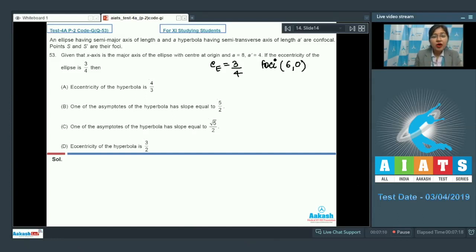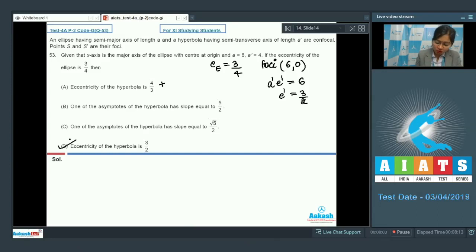Now it will be the foci of the hyperbola also. Now we know that for a hyperbola the focus is A dash into E dash, that is equal to 6. Now A dash is 4, so we can find the value of E dash equal to 3 upon 2. That is, the eccentricity of the hyperbola is 3 by 2. So option number A is incorrect and option number D is correct.